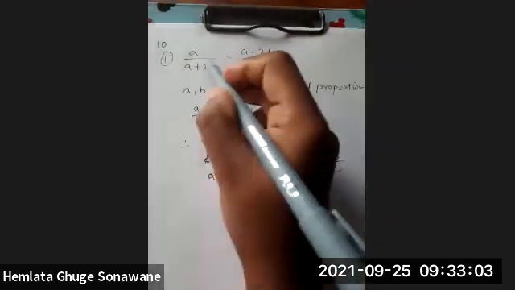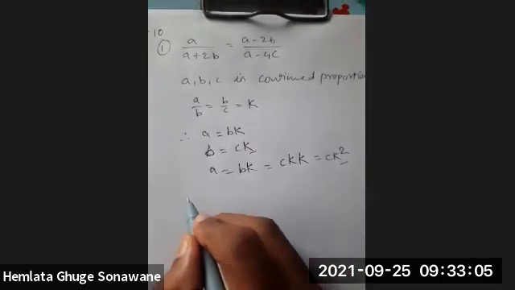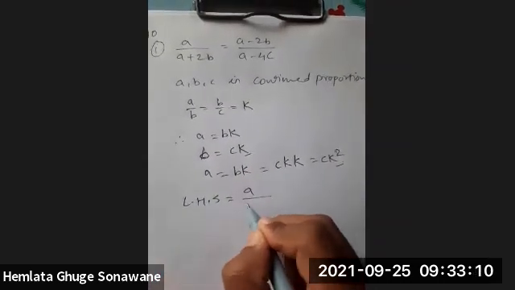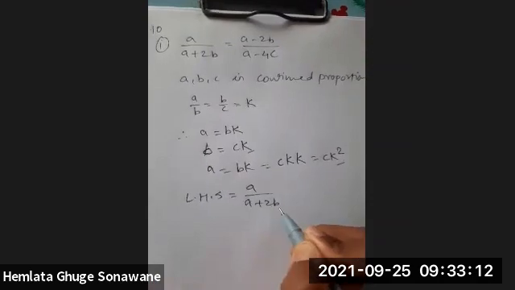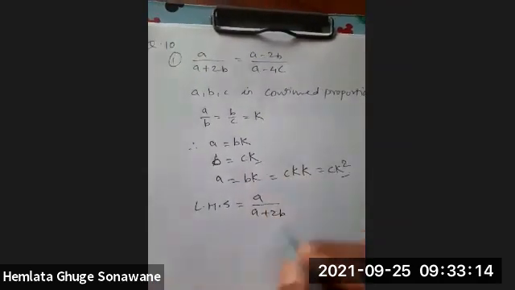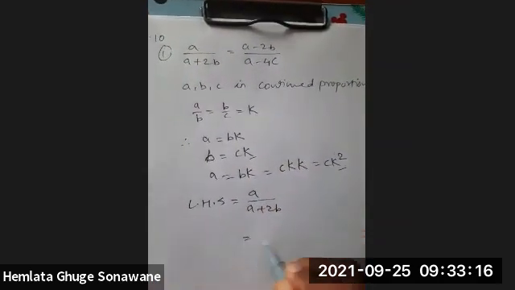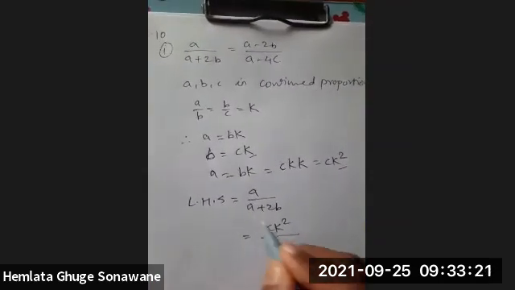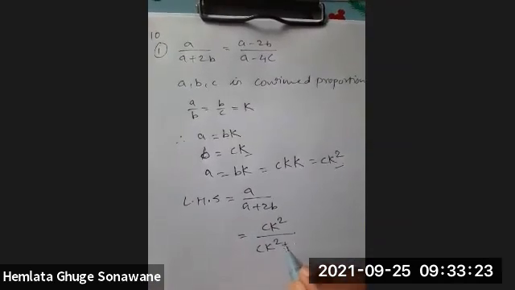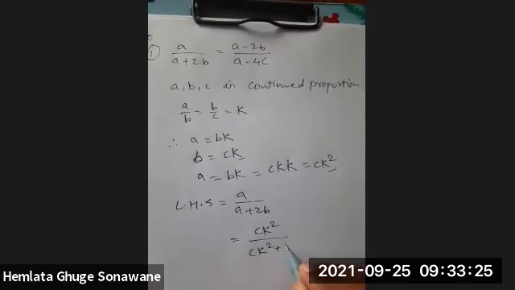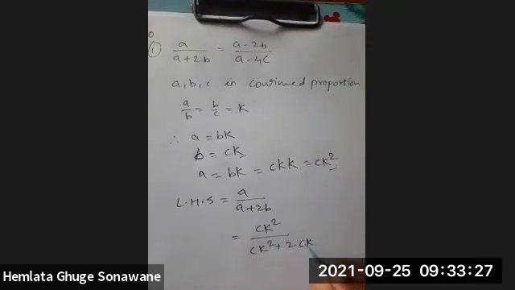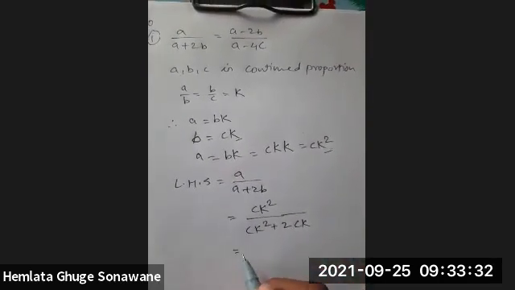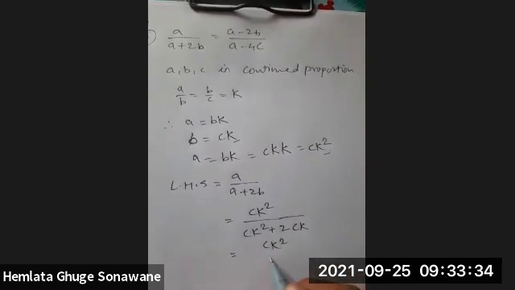First we'll take the left hand side expression. Left hand side is A upon A plus 2B. We'll put these values of A and B. A is CK square upon CK square plus 2, B is CK. Now here CK square as it is.